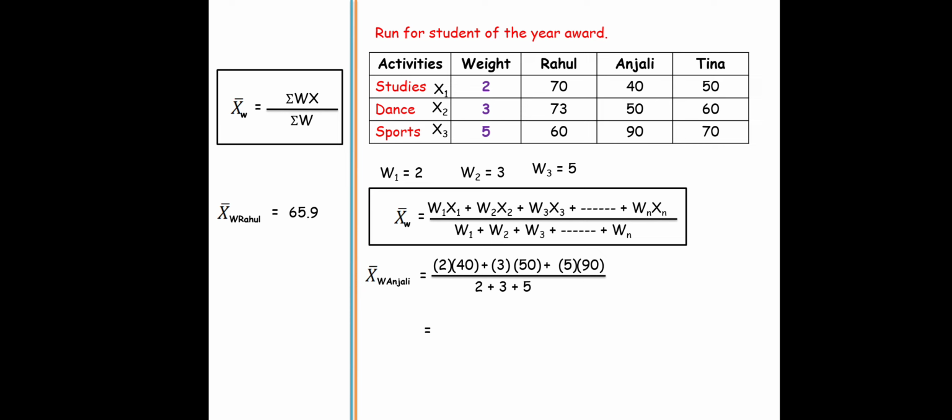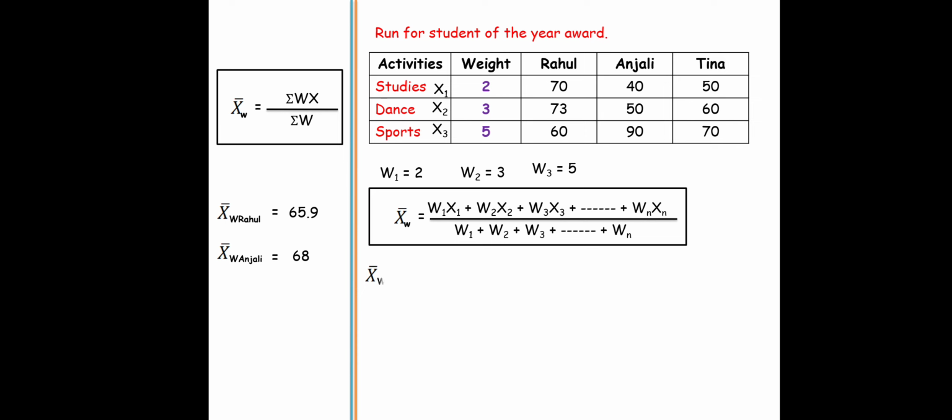Now solve this. 2 into 40 is 80, plus 3 into 50 is 150, plus 5 into 90 is 450, divided by 10. Adding all, 80 plus 150 plus 450 is 680, divided by 10, so 68. The weighted mean of Anjali is 68. It is more than Rahul.